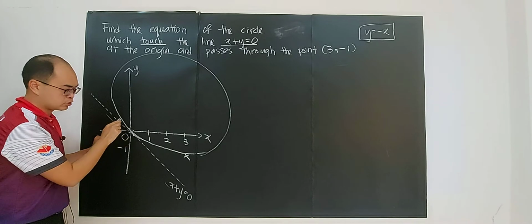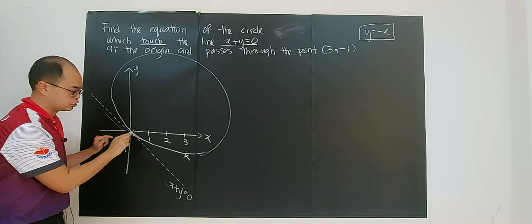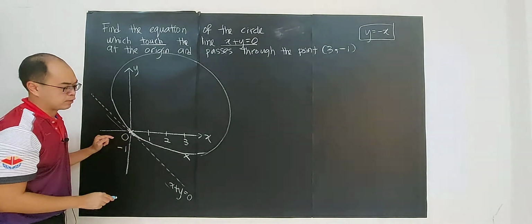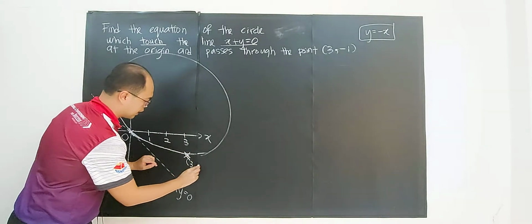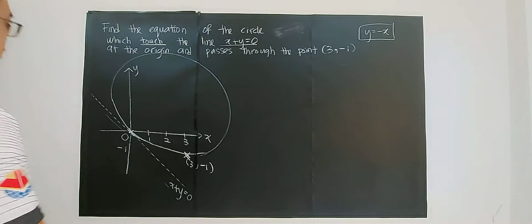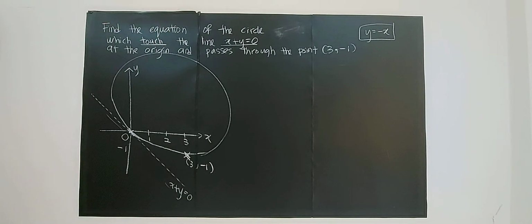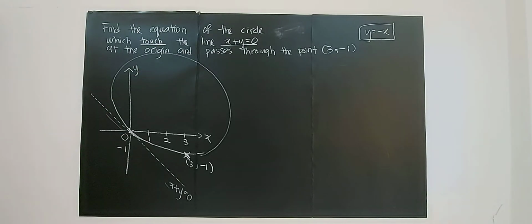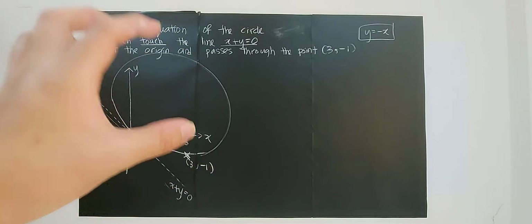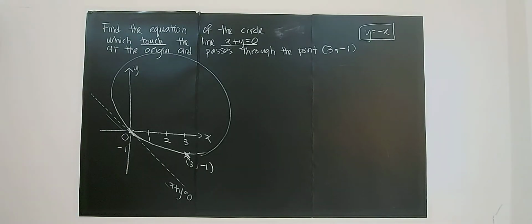Touches means not intersect, it just touches, so they meet at one point. And the circle also passes through (3, -1). This is the information given by the question, which I have transformed into a diagram. Now we focus on this diagram to find the equation of the circle.